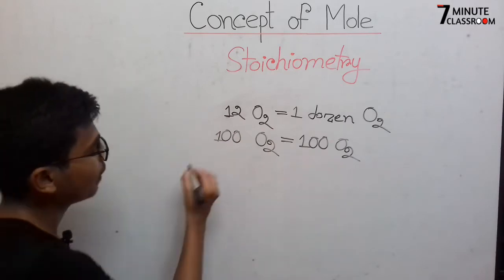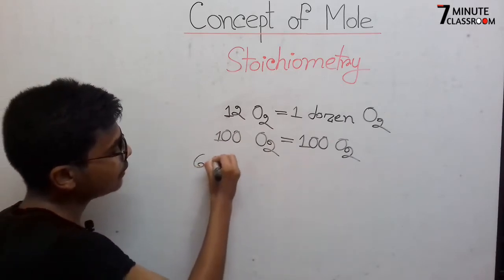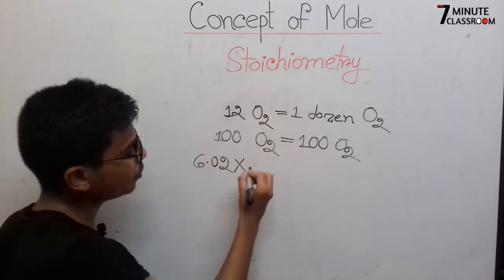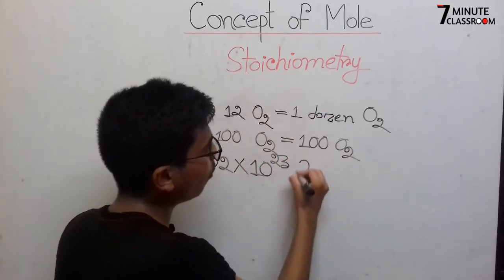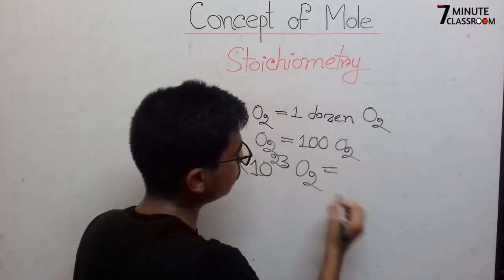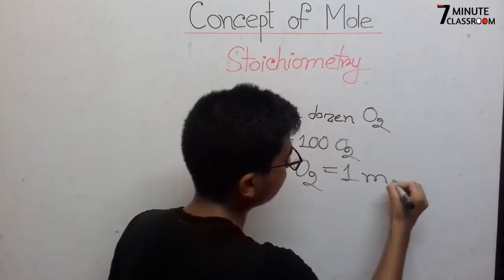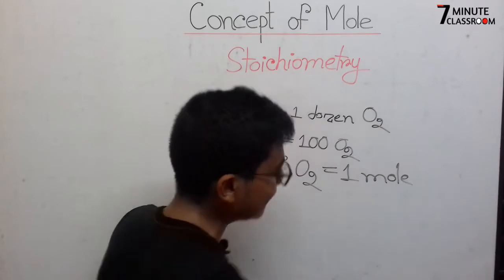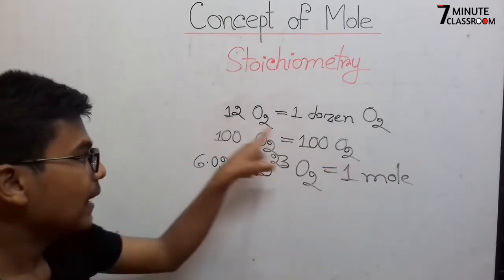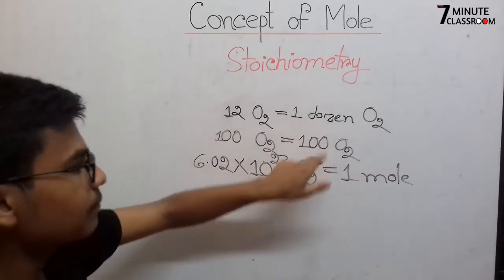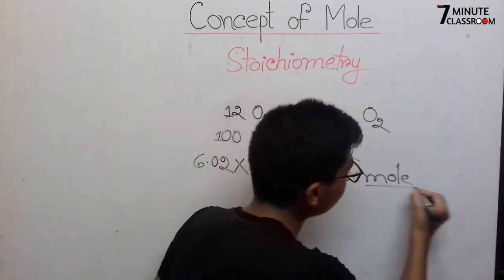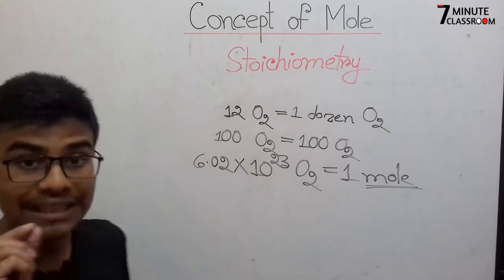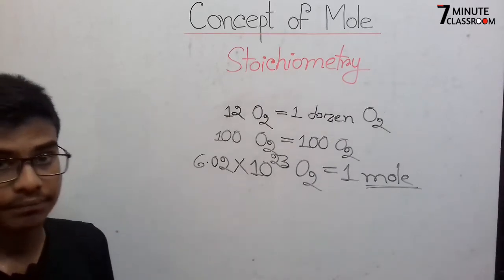Okay, that means 12 equals 1 dozen. That's how 6.02 into 10 to the power 23 O2 equals 1 mole. Here I have written dozen, 100, and mole is also a unit.